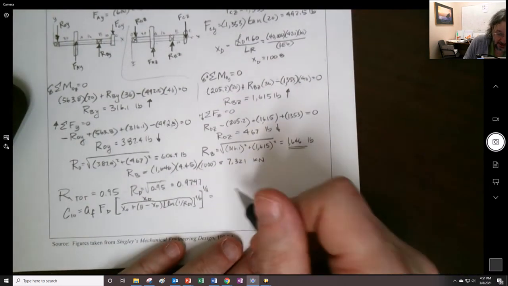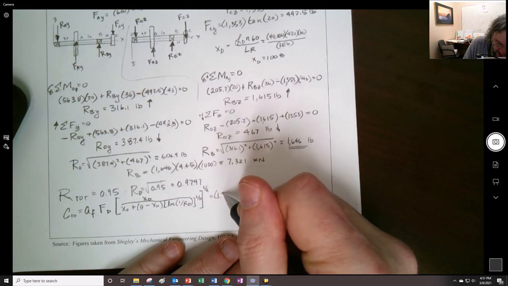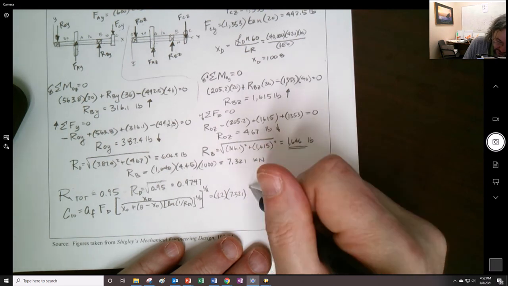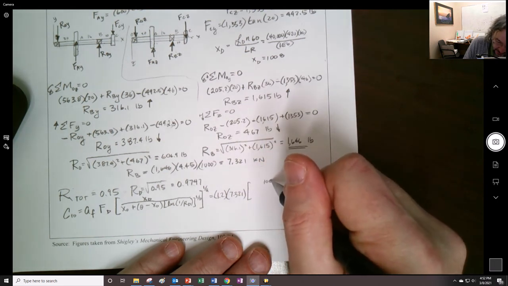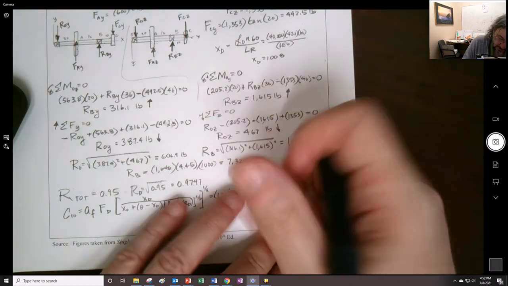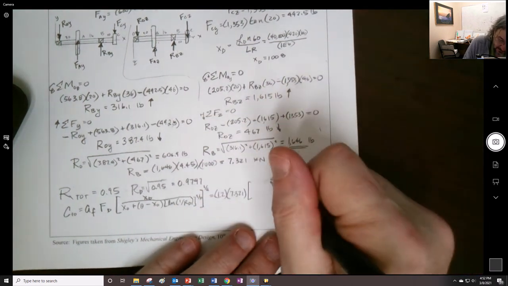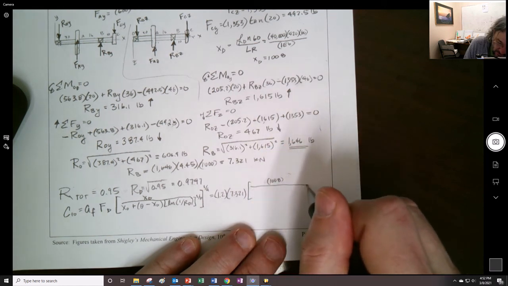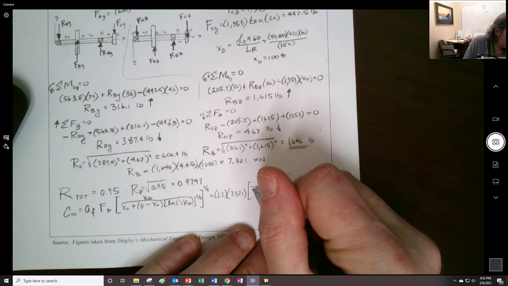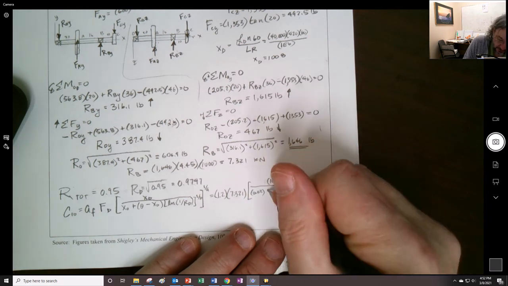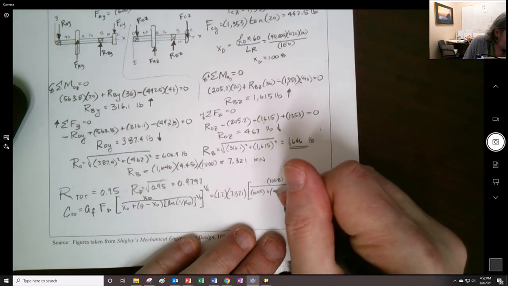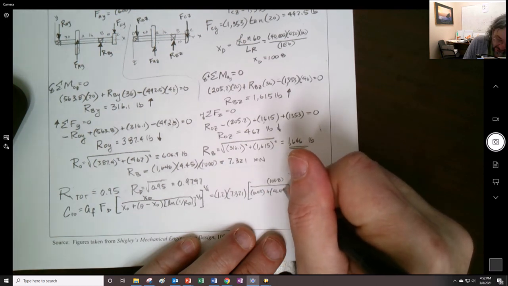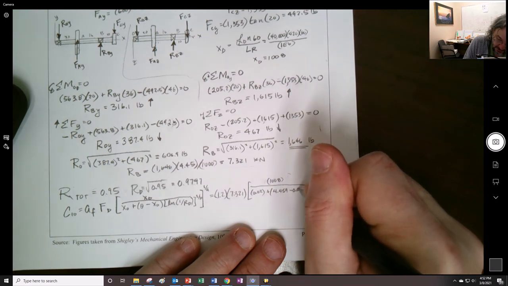So let me plug all these things in here. The application factor, we just found this. Our Weibull factors are 0.02 plus 4.459, I think, minus 0.02.